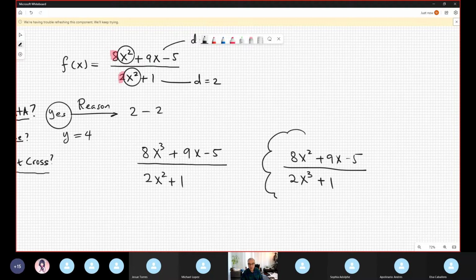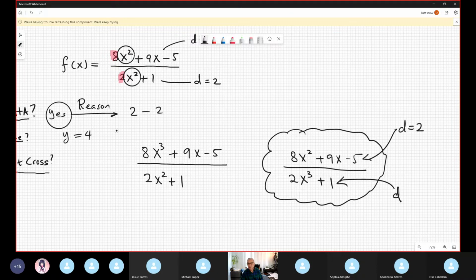Let's analyze this first. Analysis of the degree. What is the degree of this polynomial? 2. What is the degree of this polynomial? 3. And I explained that when the degree of the denominator is bigger than the degree of the numerator, it is a special case.